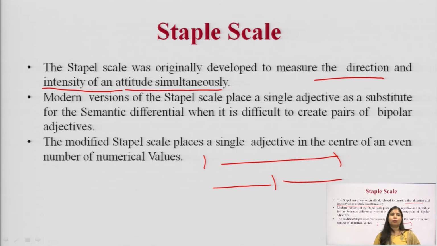The modified scale places the single adjective at the center of an even number of numeric values. You put it at the center and give equal numeric values on both sides, with the numbers positive on one side and negative on the other.